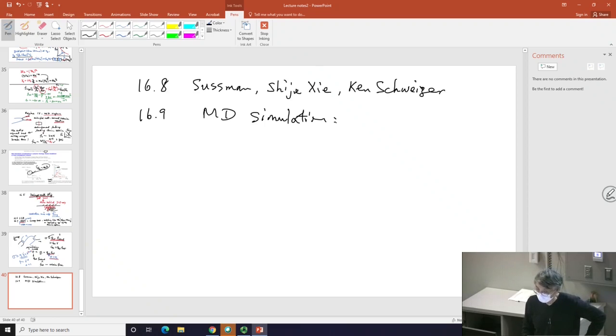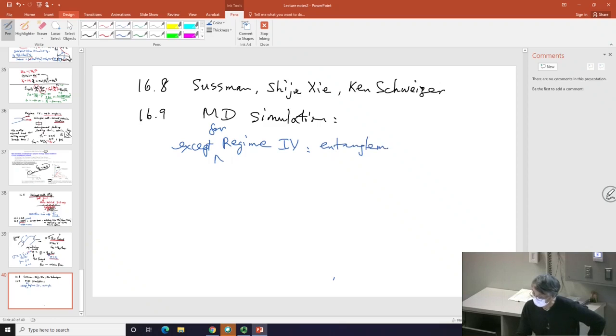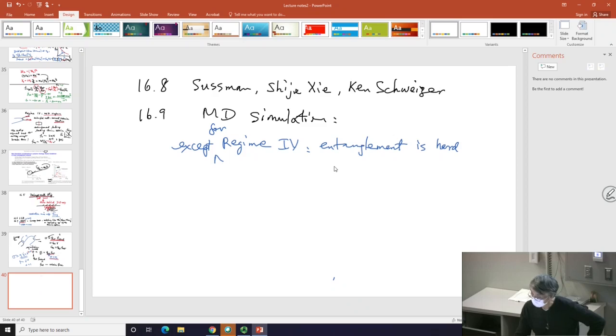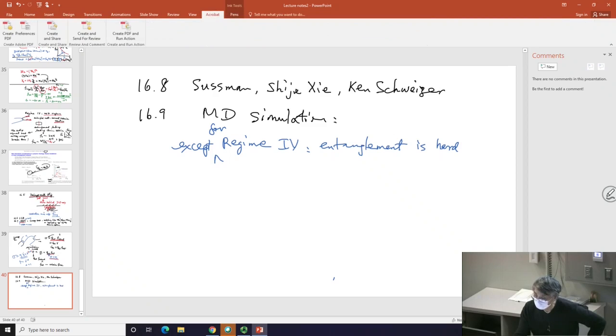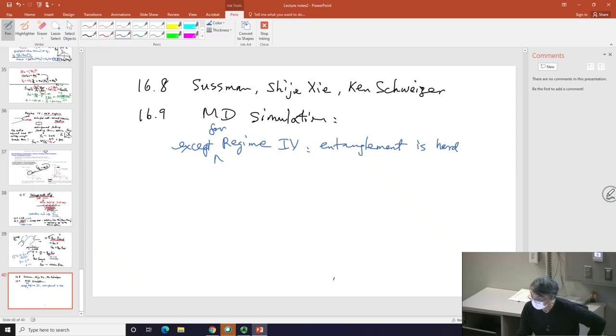And in the limit, except for region 4, which I mentioned about, entanglement is still fairly hard to demonstrate.